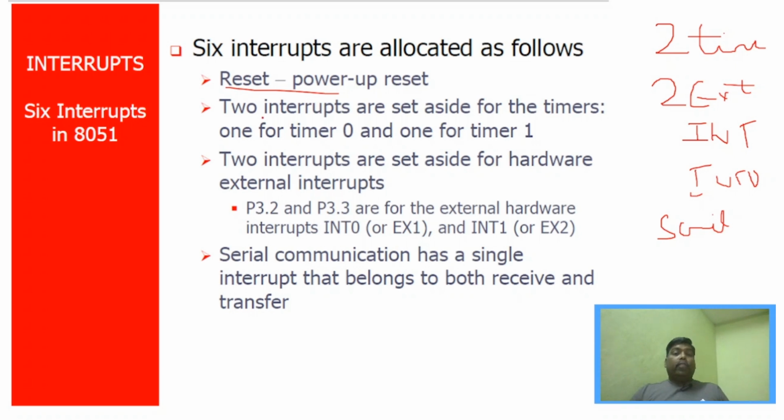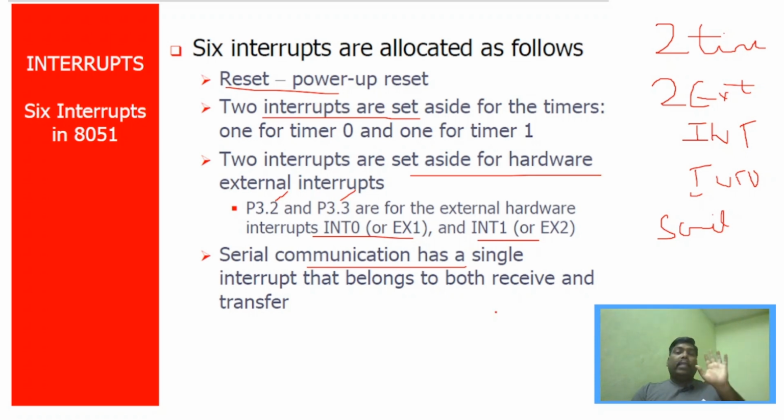For the timer interrupts, we have timer 0 and timer 1, which are 16-bit timers in 8051. For the 2 external interrupts, which we call hardware external interrupts, we mention them as INT 0 and INT 1, on pins P3.2 and P3.3. And we have serial communication, which has a single serial interrupt. We will also see that in depth in the next videos.